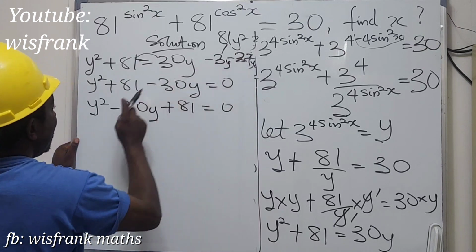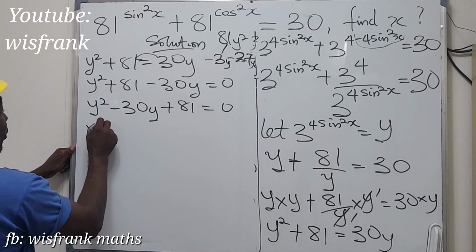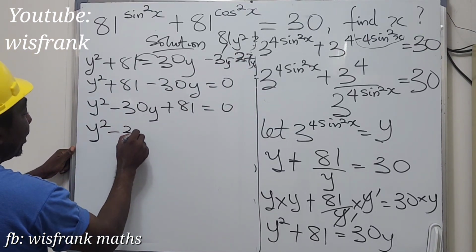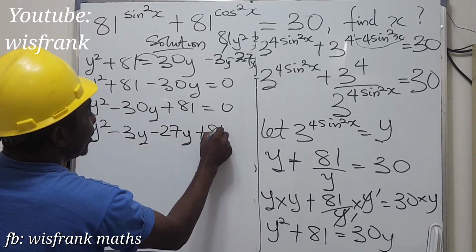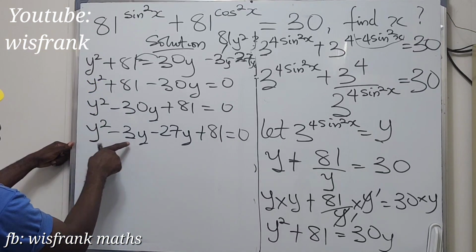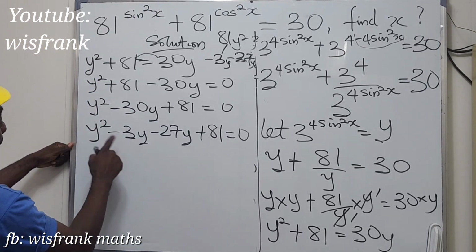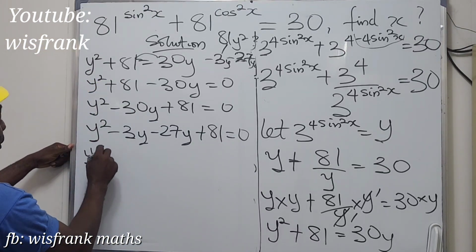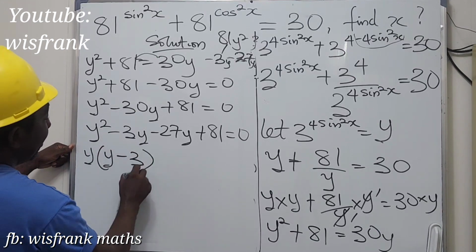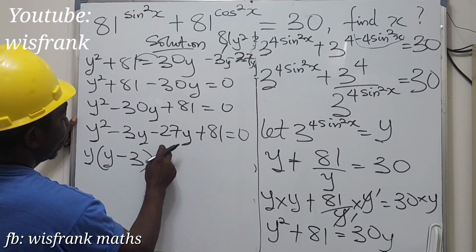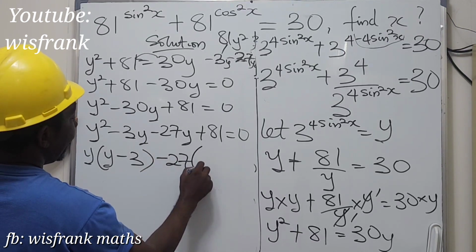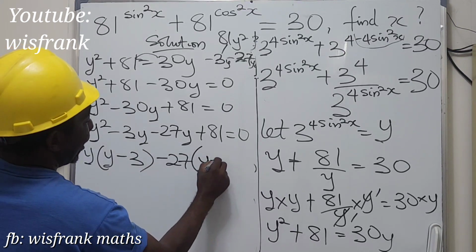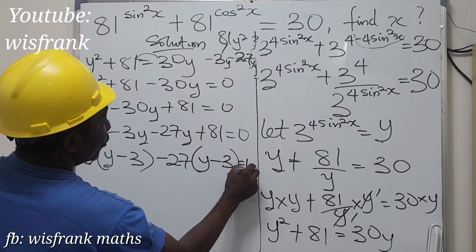Substituting this into this place will give us y squared minus 3y minus 27y plus 81 equals 0. The factor of y squared and 3y is going to be y, so y into y minus 3. The factor here is going to be minus 27, so we have minus 27 into y minus 3 equals 0.